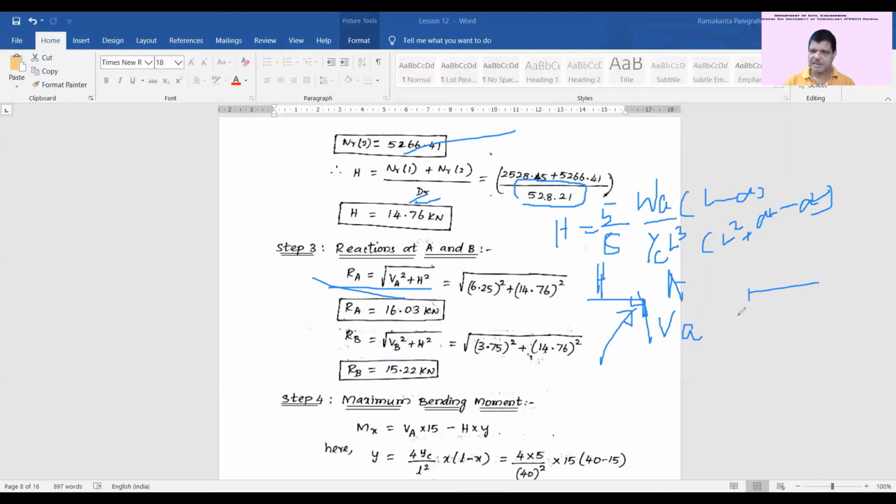Similarly at B, this is VB and this is H. So the reaction RB can be obtained by taking the square root of the squares of the horizontal and vertical reactions. Putting in the values, it comes to 15.22 and 16.03. So if you are asked to find the reactions, you have to take the resultant reaction, the square root of V square plus H square.